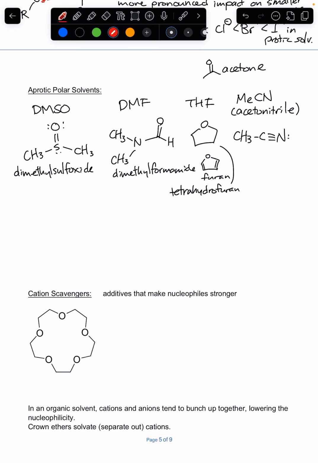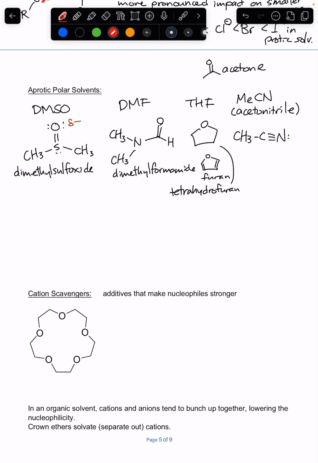And these are not protic, and you might say, well, how come they're not protic? Because there are protons or hydrogens, but these are not at all acidic protons, and they're not on heteroatoms, and that's part of the reason why they're not acidic at all, or partially positive. They're not strongly partially positive.